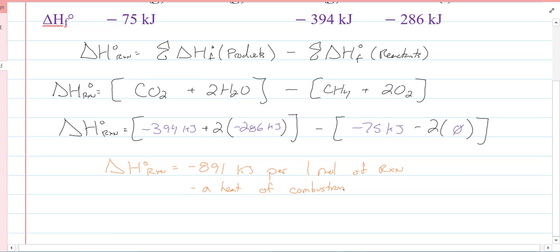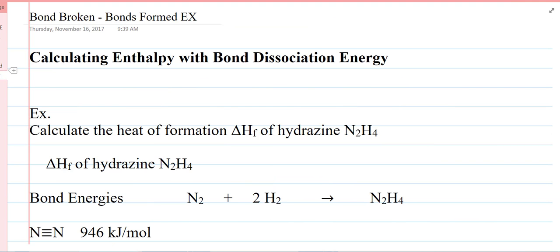The second way to calculate delta H. The third way to calculate delta H is by calculating enthalpy with bond dissociation energy, making and breaking bonds.